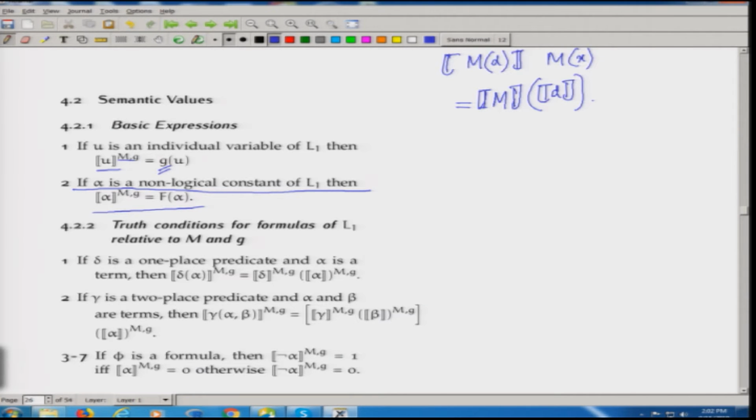When m is a delta and d is an alpha, it will be the denotation of delta and the denotation of alpha, but it is not an ordinary combination, it is a functional combination. Here alpha is given to delta as an argument. This part is the argument part, and this is the function that takes the argument. So, this is the first law.